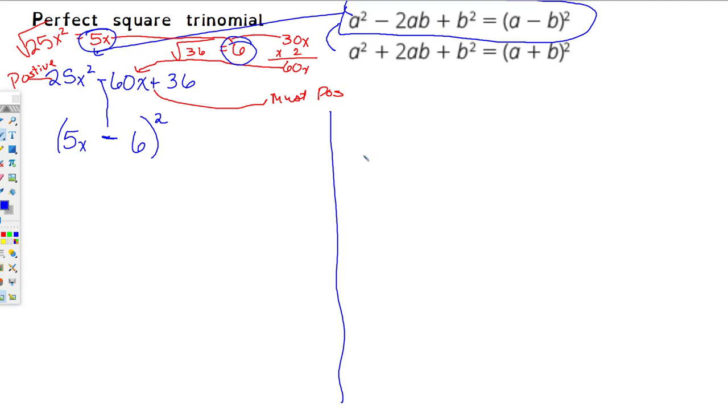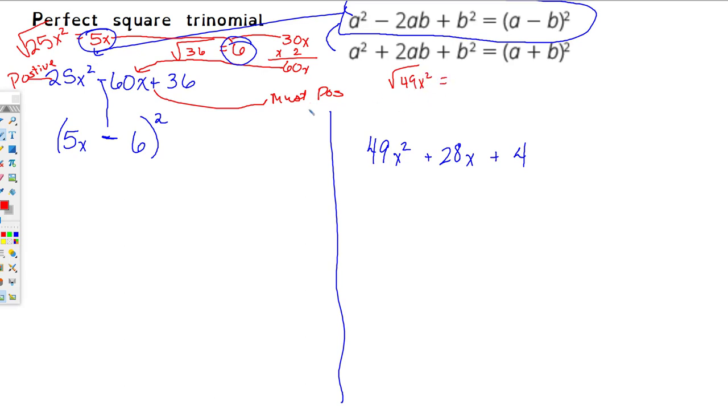So if I gave you 49x squared plus 28x plus 4. Can I take the square root of 49x squared?